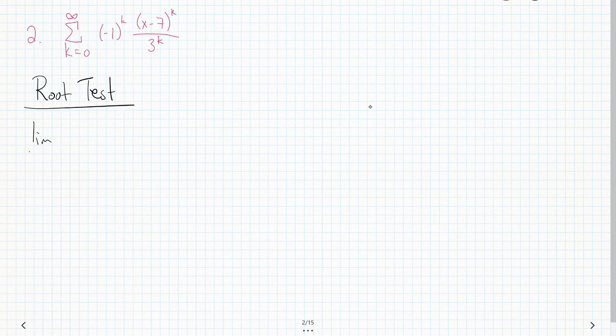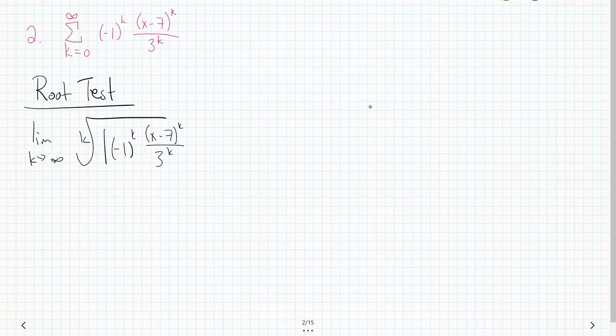So we take a limit as k approaches infinity and now we'll have the kth root, so absolute value of a sub k. And you can even toss that on the outside, it won't make much of a difference. You have -1 to the k, x minus 7 to the k, and then 3 to the k.